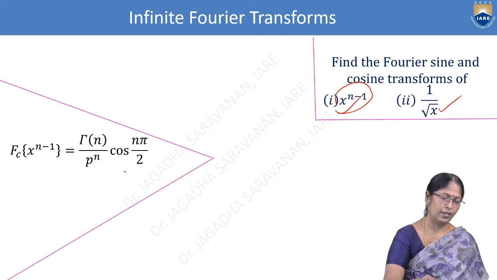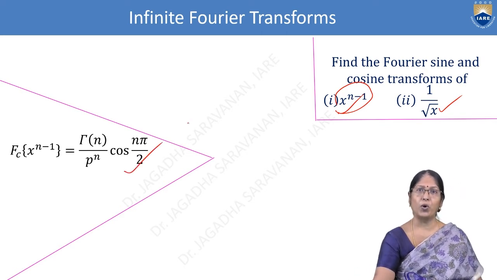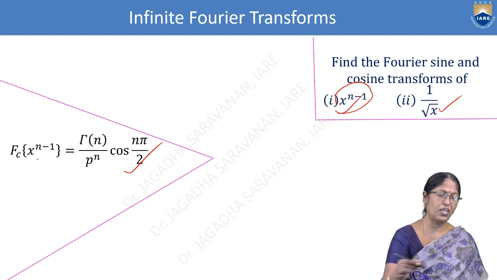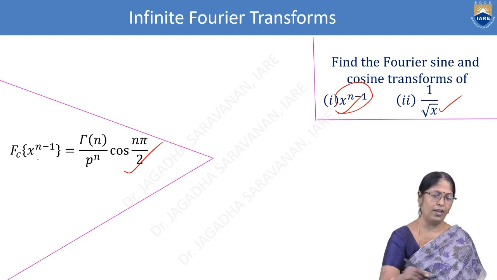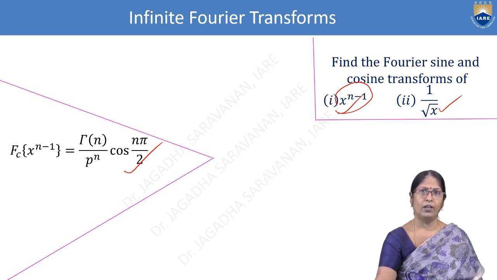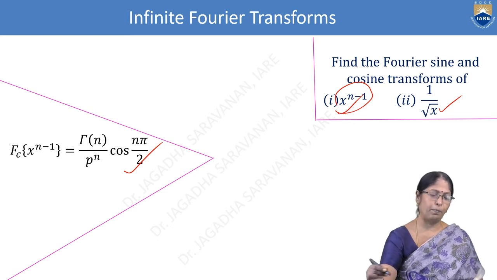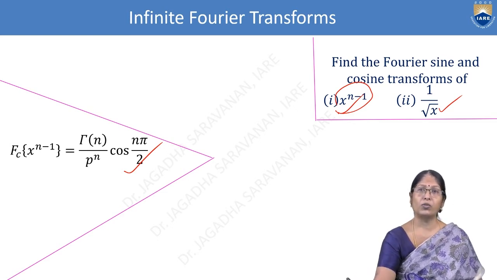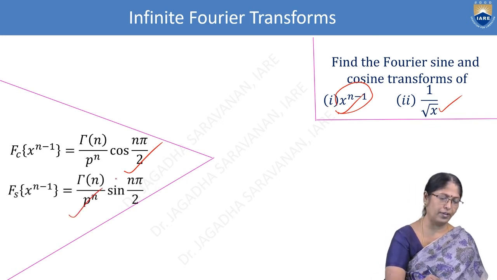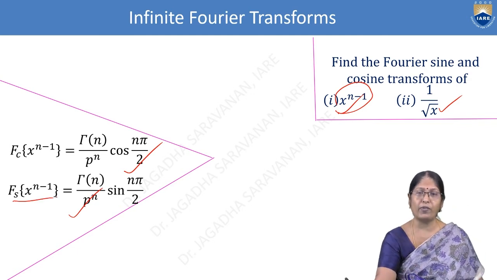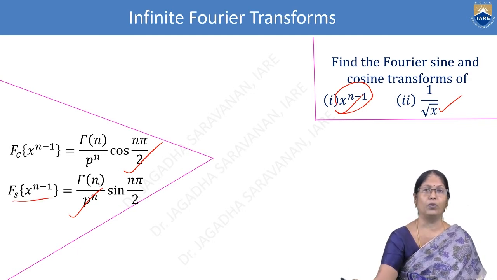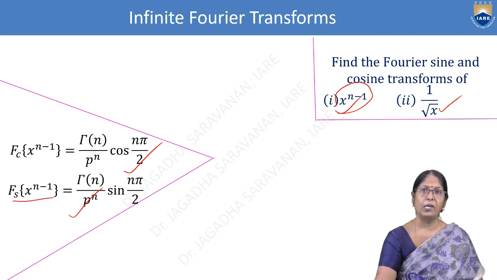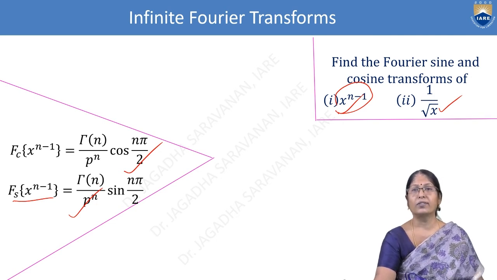This is the result we recently got: FC of x power n minus 1 equals gamma of n by p power n into cos of n pi by 2. Next, Fourier sine of the function x power n minus 1 equals gamma of n by p power n into sine of n pi by 2.